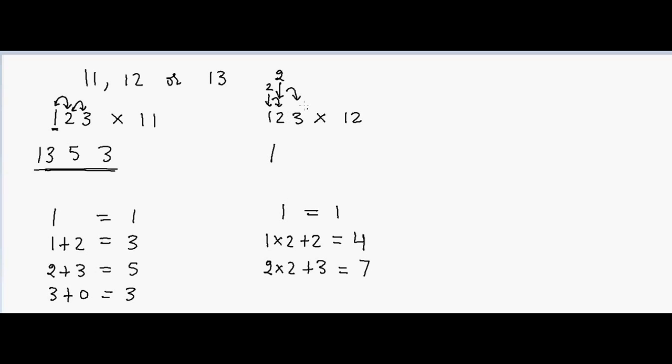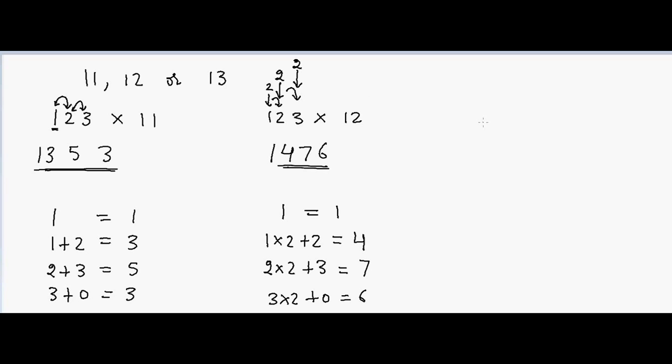And then for the last digit I'll multiply the last digit by 2. So 3 into 2 plus 0, that will be equal to 6. So the answer will be equal to 1476. So basically I'm multiplying each digit by 2 and then I'm adding the next digit into it.